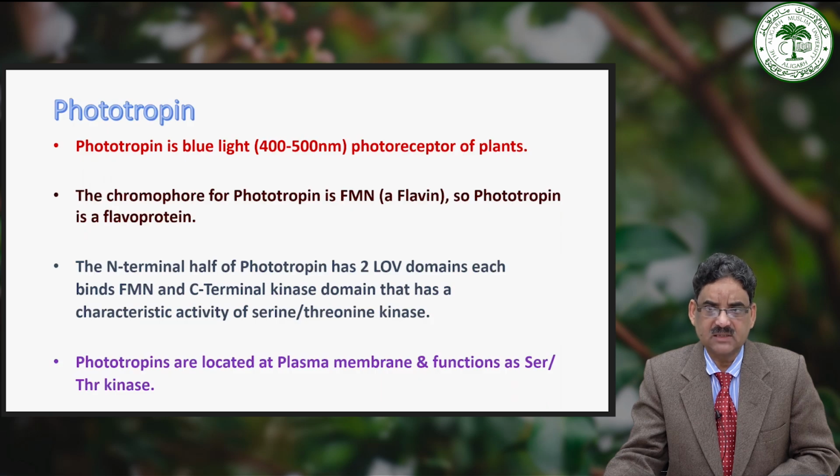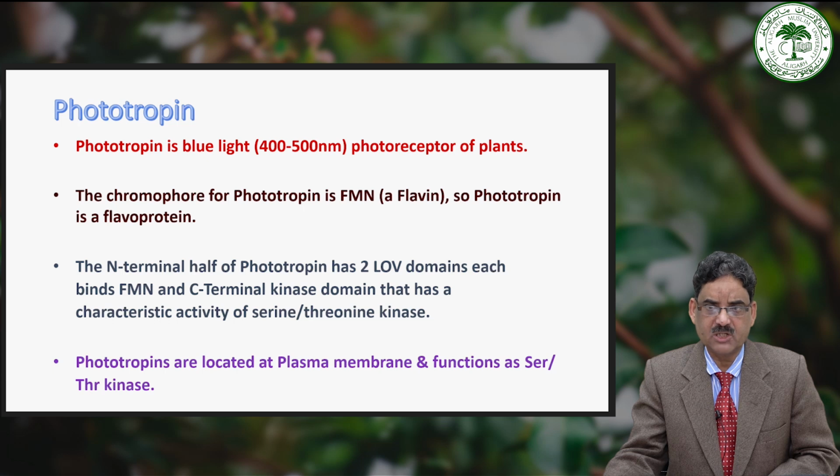Phototropin serves as a blue light photoreceptor in plants, with a wavelength of 400 to 500 nanometers, and is classified as a flavoprotein due to its reliance on the flavin chromophore FMN, that is flavin mononucleotide.